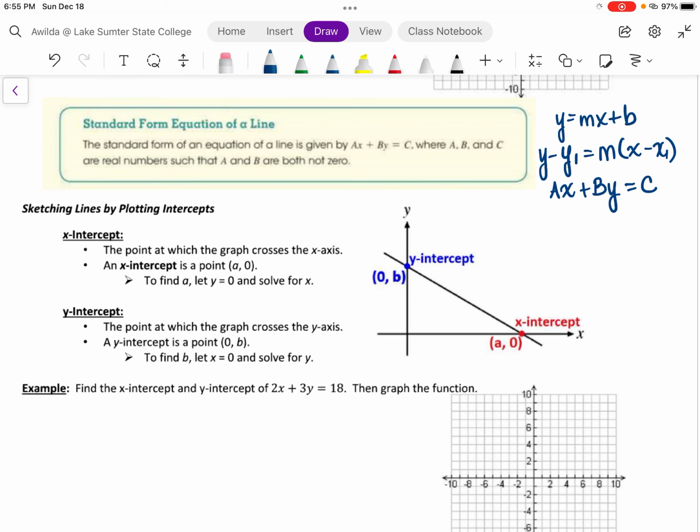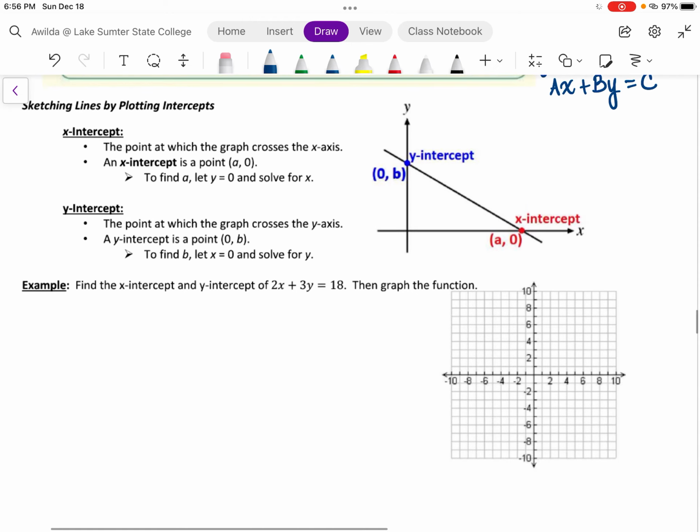To find the value of a, we simply let y equal 0 in the equation and solve for x. The y-intercept, on the other hand, is the point at which the graph crosses the y-axis, and to find the y-intercept, we would set x equal to 0 and solve for y in the original equation. Its ordered pair is always 0 for x and some number b for y.